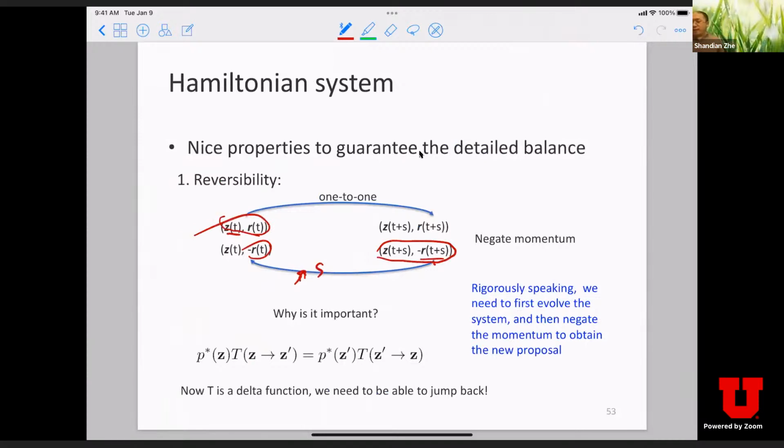So why is this important? Before we get into this in detail, remember we want to show our sampling is correct. We might use detailed balance.